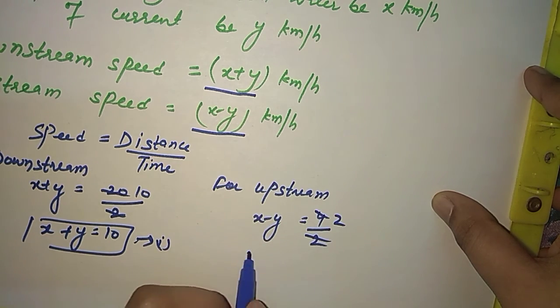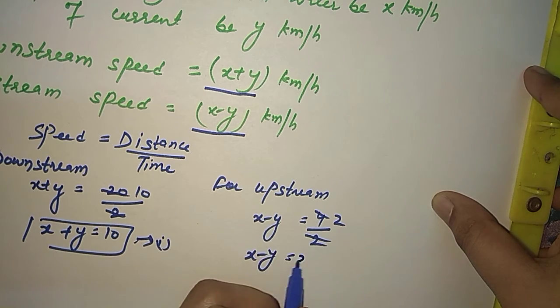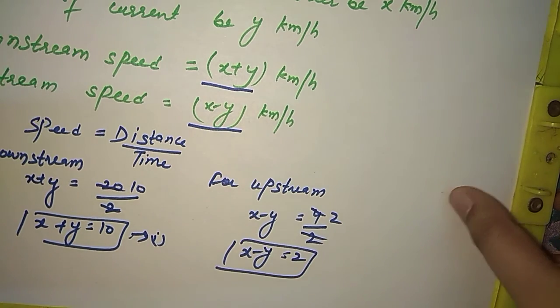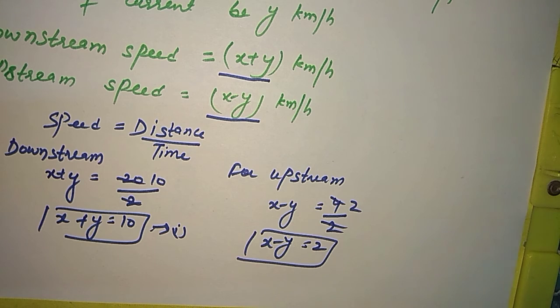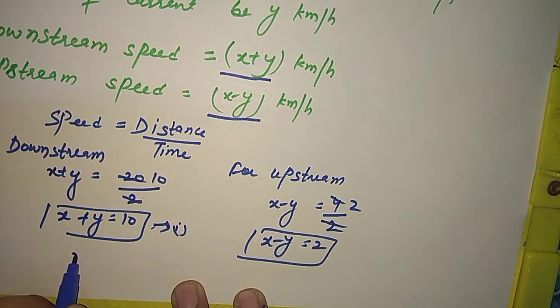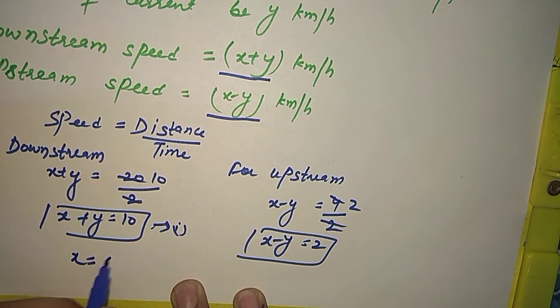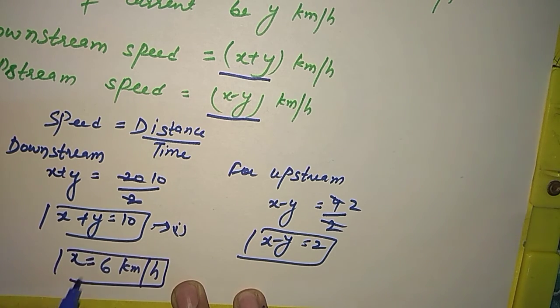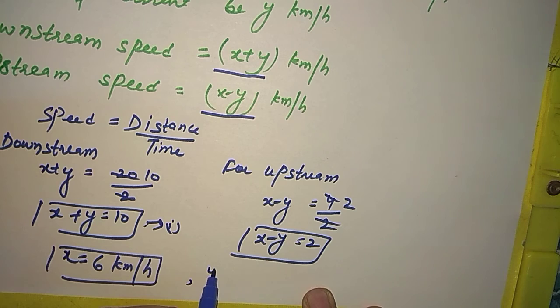On solving we have the next equation, that is x minus y is equals to 2. And on using the elimination method or the other one that you want, we have x is equals to 6 km per hour on solving and y is equals to 4 km per hour.